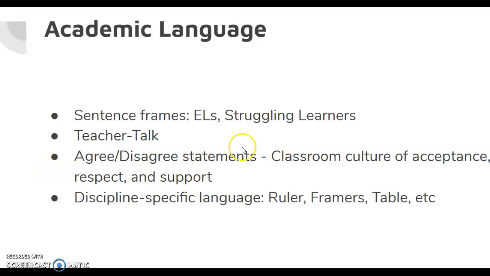Again, another thing that alludes to academic language and these agree/disagree statements would be the classroom culture that you establish. In my class, I really like to emphasize that we are respectful of each other and each other's ideas.